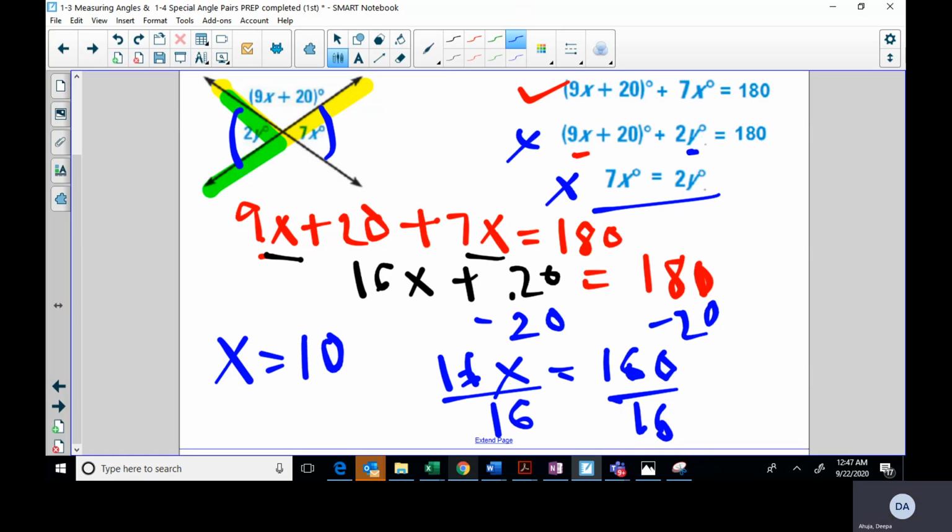When you solve for x, you can replace the value of x in the second equation. That will be 9 times 10. I can do it here so that I can replace the value, so that it is neater.